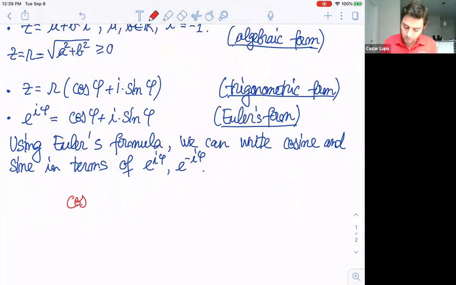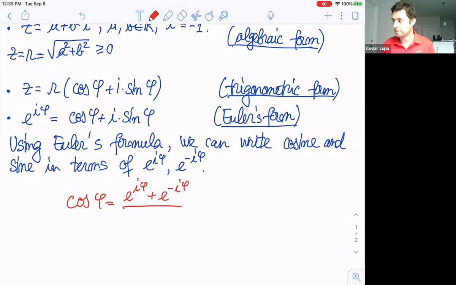Cosine of phi is e to the I phi plus e to the negative I phi, everything over 2, right? Where you can say that cosine of phi is the real part of e to the I phi.